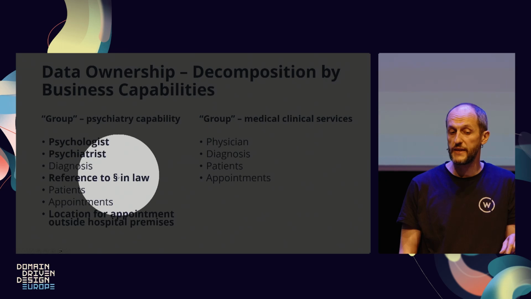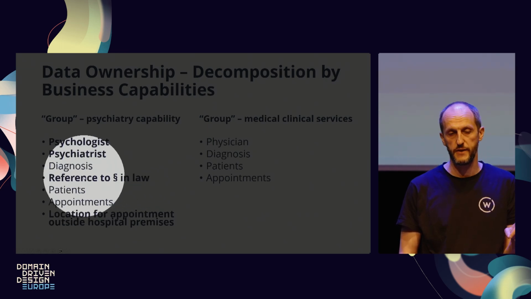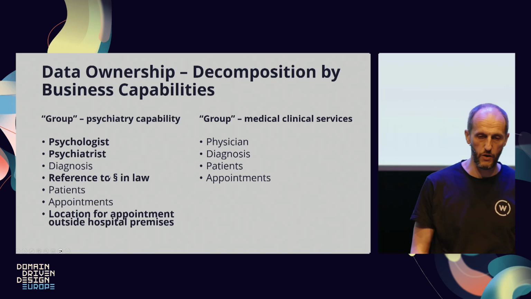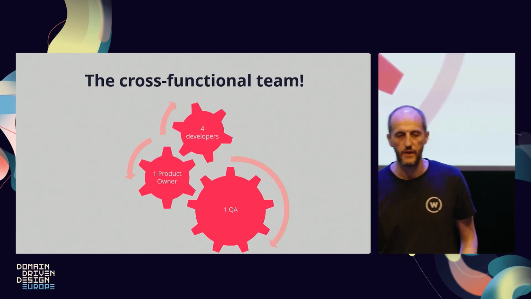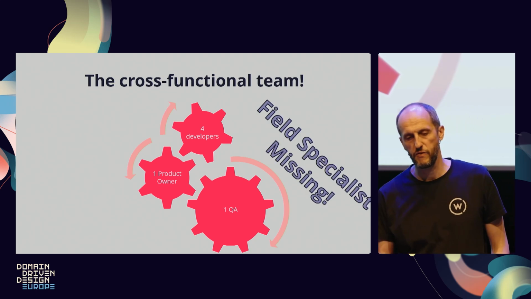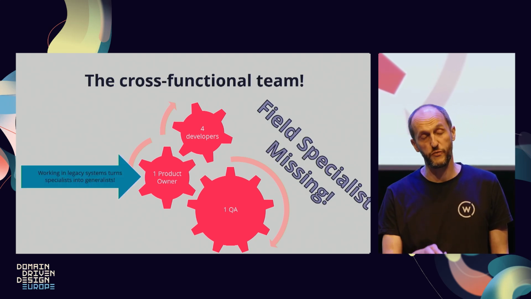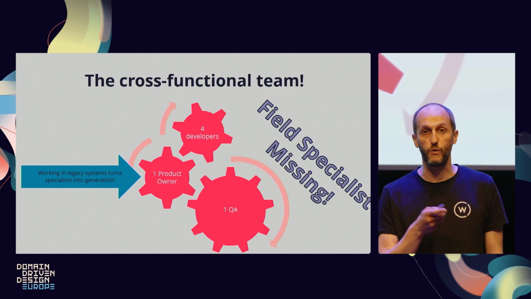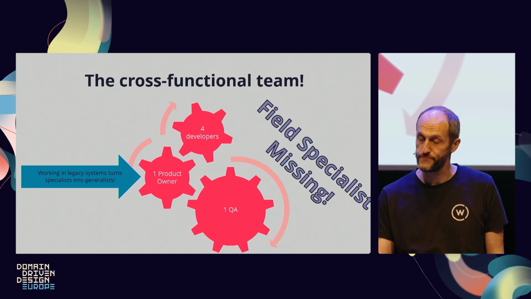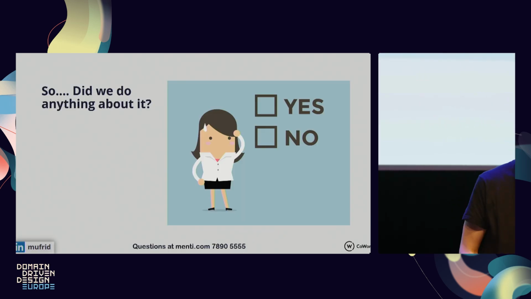And finally, we get to place this one awkward property, the right, at its home. Okay. And what about the cross-functional team? Well, we were missing the field specialist. Our product owner was a field specialist, but after working many years in the legacy system, our specialist turned generalist. That was our challenge: to get a hold of somebody really working in the domain.